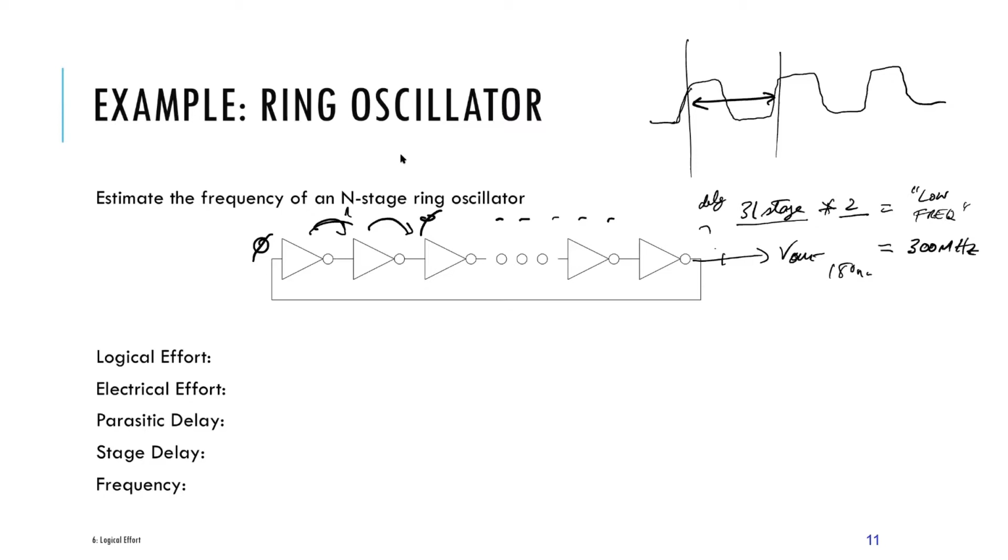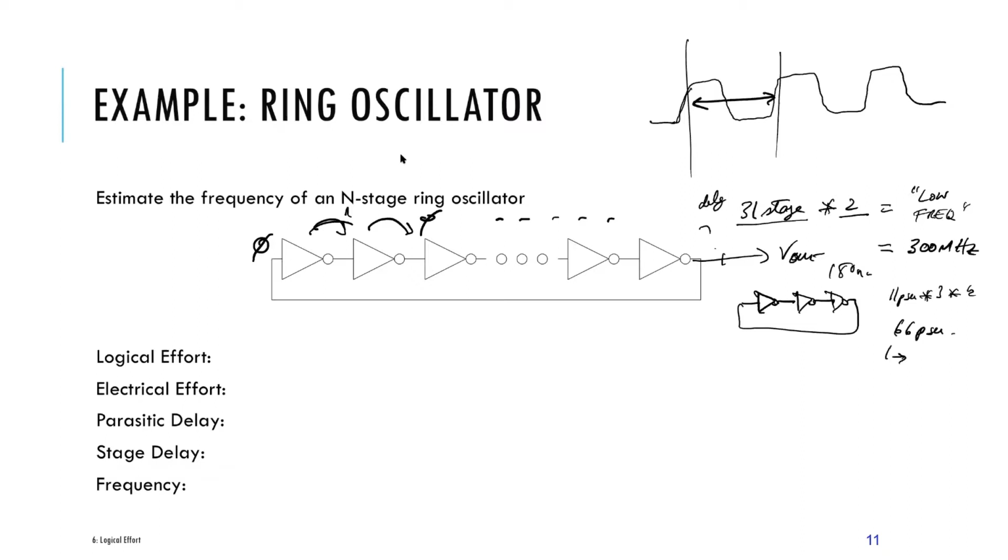Now imagine if I just had the ring oscillator with 3 stages. That would be 11 picoseconds each times 3 times 2. So it'd be 66 picoseconds. What would that be? It's obviously fast, but let me just calculate it.